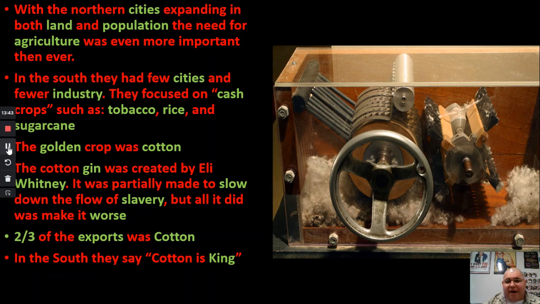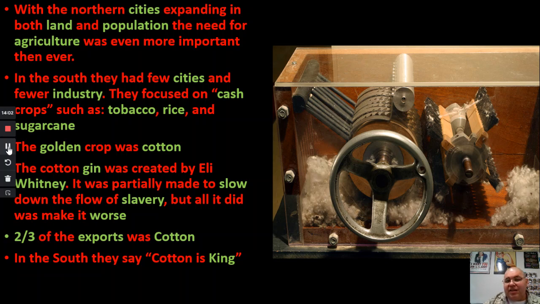So things like tobacco grew so much better here than elsewhere around the world. The rice and the sugar cane grew so much bigger and stronger. But the cash crop of them all, the golden crop, was cotton.